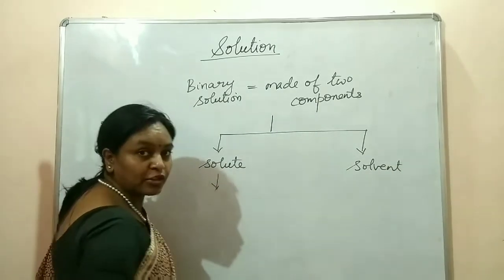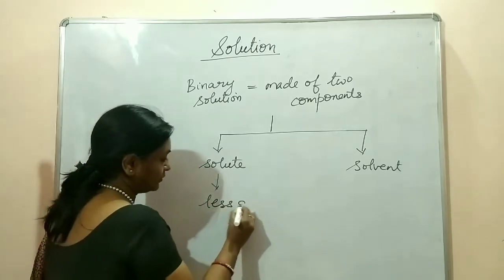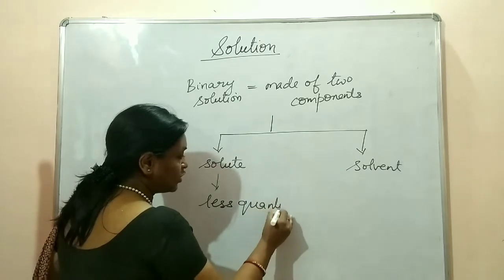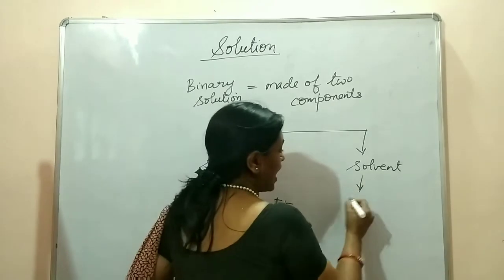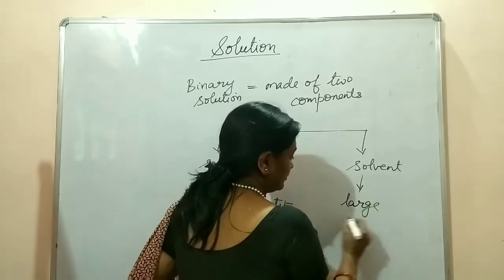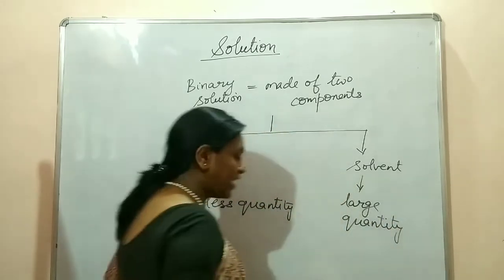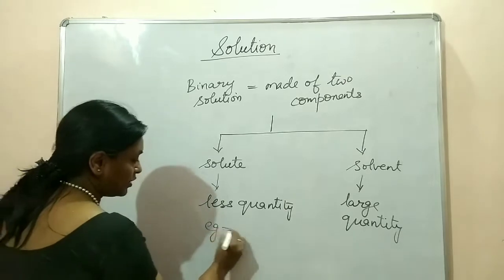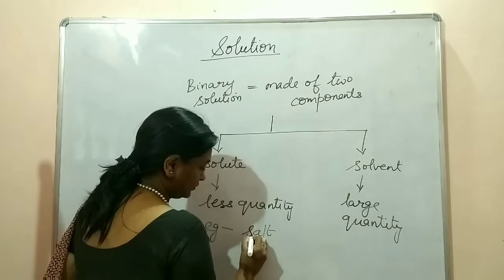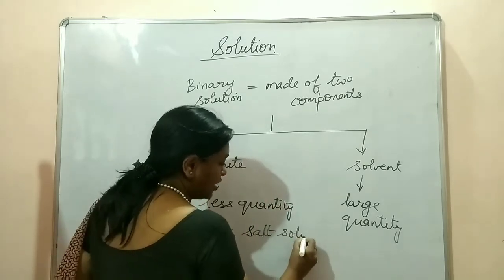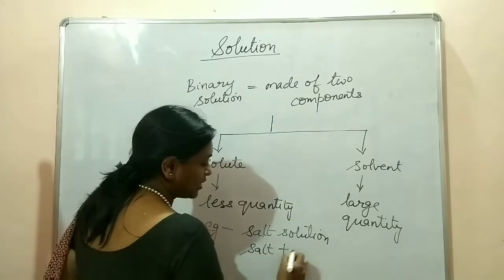The part of solution which is in small quantity or less quantity is known as solute, and the one which is in large quantity is known as solvent. For example, salt solution is made up of salt plus water.